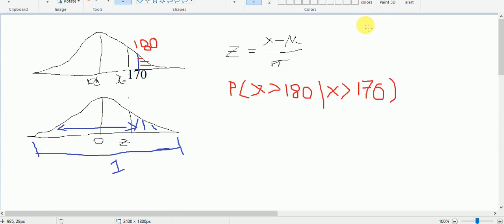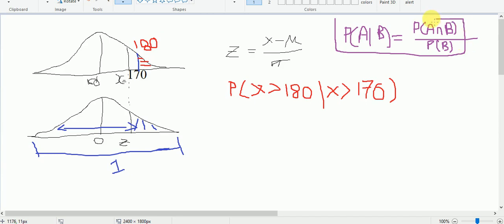If P(A given B) is asked, we write it as P(A given B) is equal to P(A intersect B) by probability of B. So that is the formula depending upon which I am going to find the answer. This is the formula that I will look at.